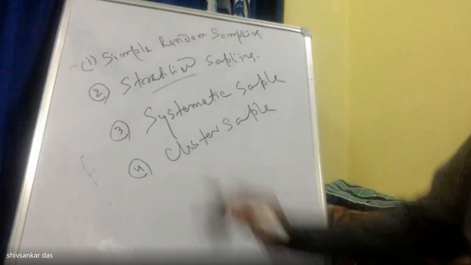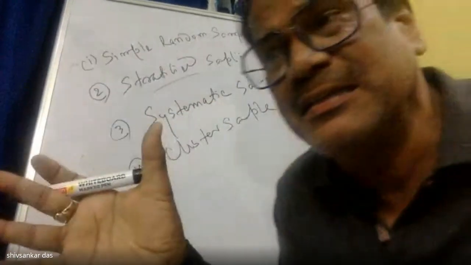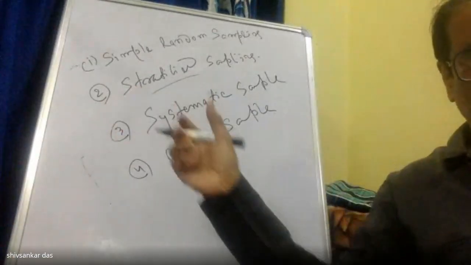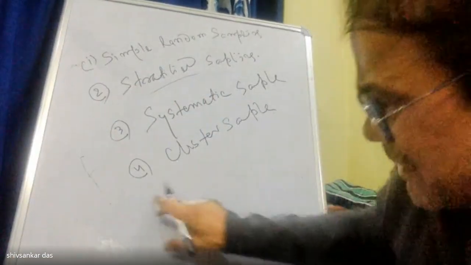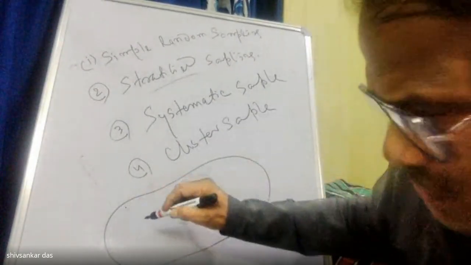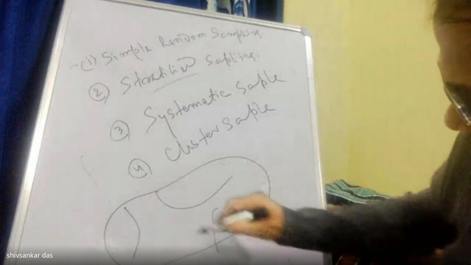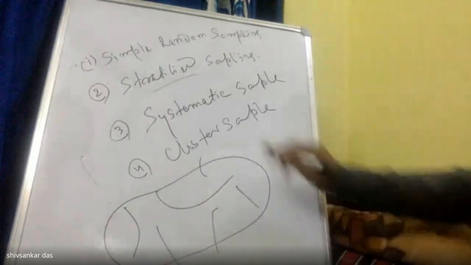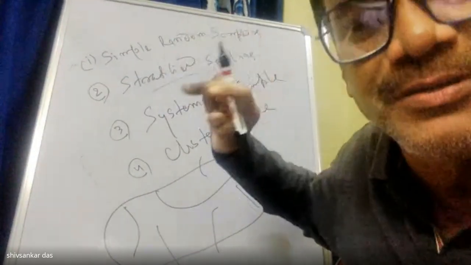Sir, are cluster and stratified the same? No. Stratified is based on characteristics, with the population divided into groups. Cluster has no stratification; it is a physical characteristic, a geographical division. But here it is characteristic division.